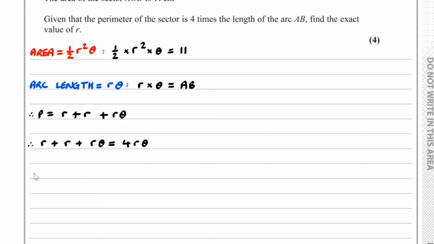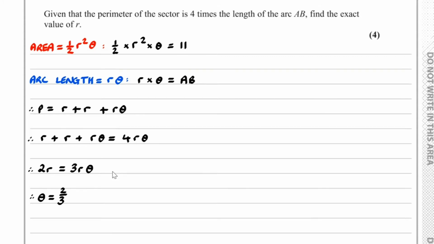And simplifying this, we can conclude that 2r is equal to 3r theta, and therefore theta is equal to 2/3. The r's cancel on both sides.